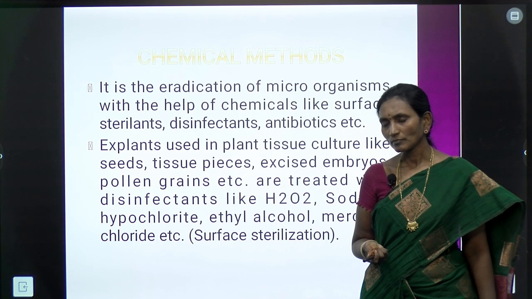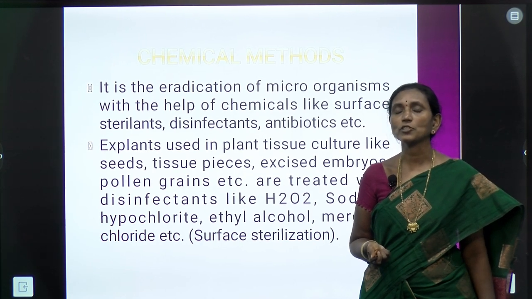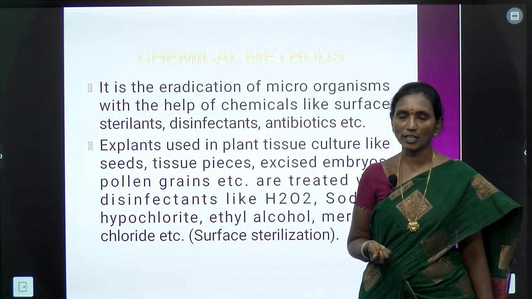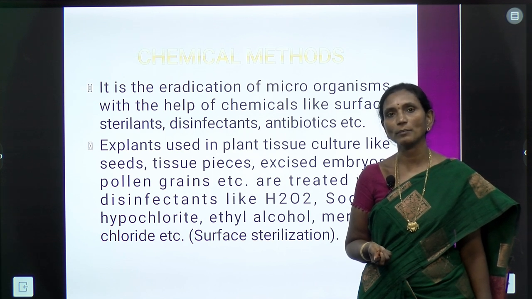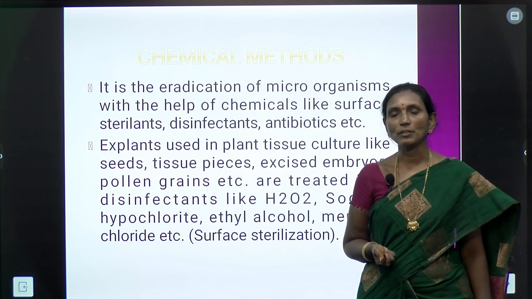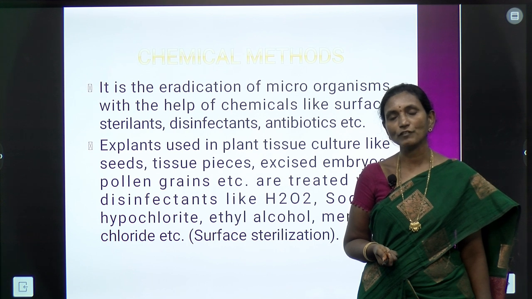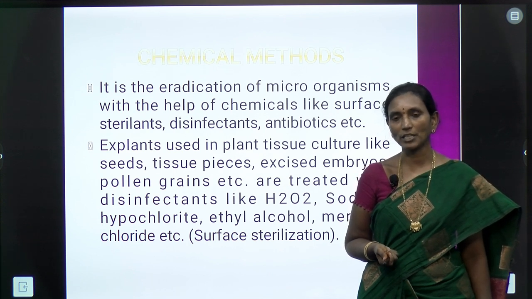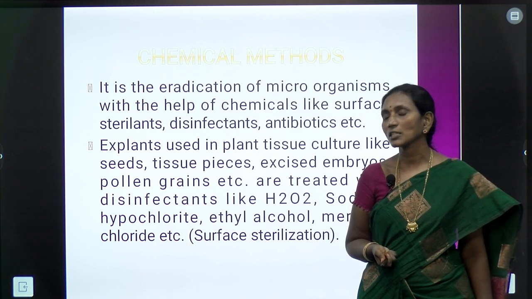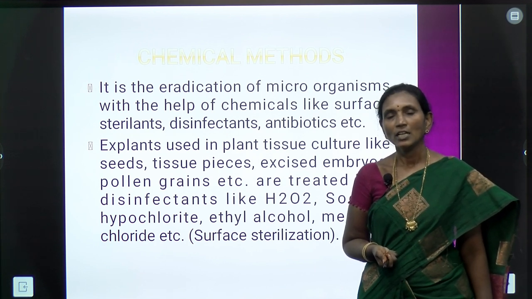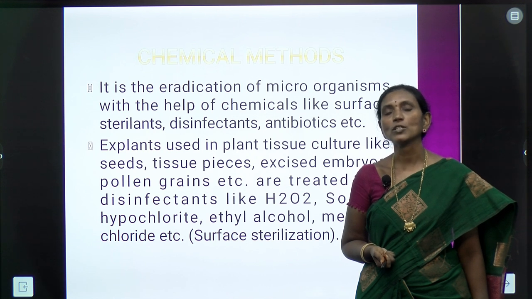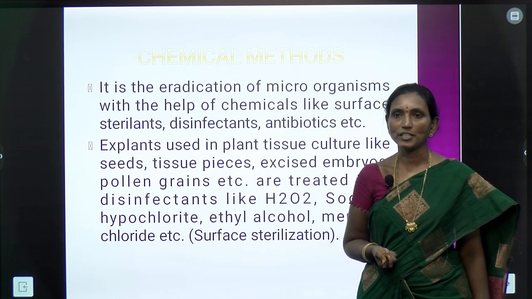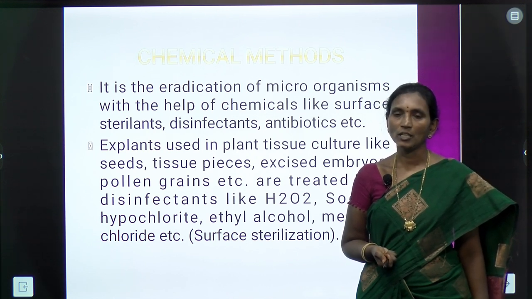There is some specificity of chemicals. Some explants are surface sterilized with specific chemicals. Like that, seeds are generally sterilized by using mercury chloride. For other parts of the plant, mostly sodium hypochlorite is used for sterilization.